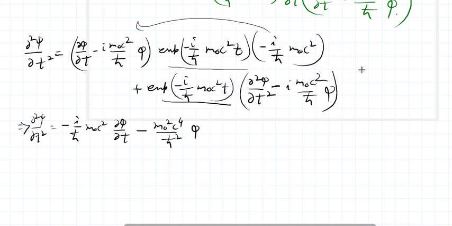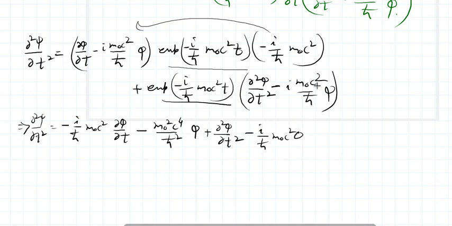This part is common, so it can be taken outside, and here it is plus ∂²φ/∂t² and minus iota over ħ m₀c².